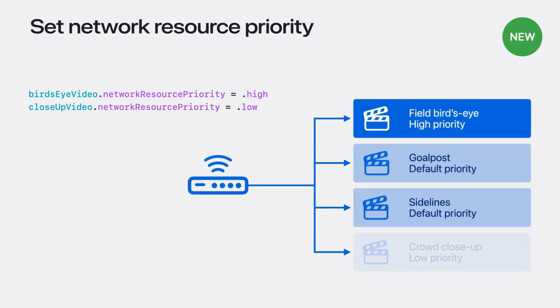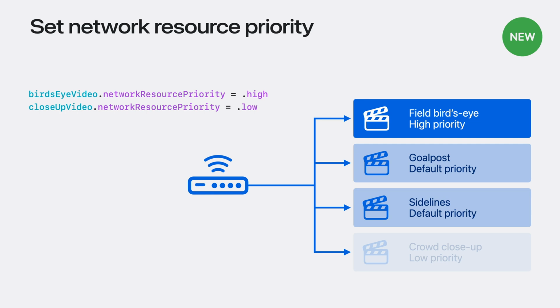As a result, the field bird's eye view will see a higher network priority, while the crowd close-up view will see a lower one. These network priorities are there to help indicate the priority of the player when the system allocates network bandwidth resources. The exact network bandwidth distribution takes a variety of other factors into consideration, such as number of other players, video layer size, hardware constraints, and more.